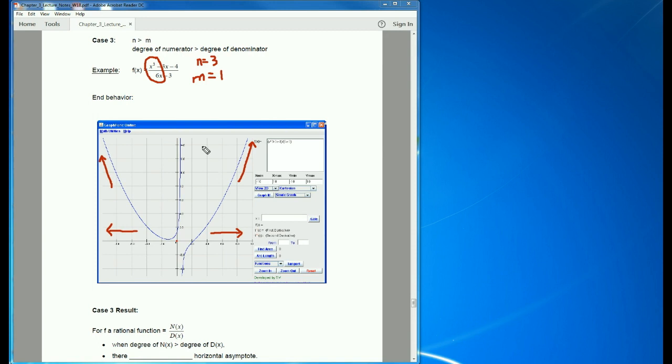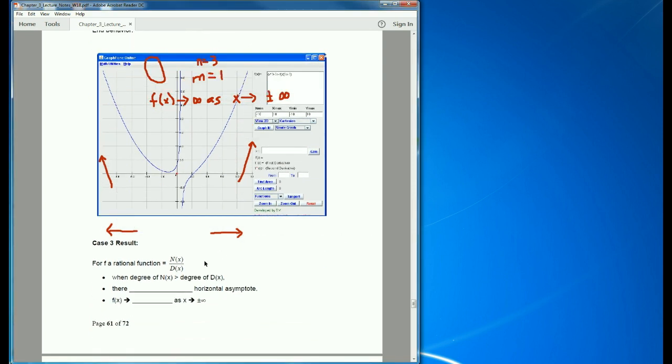So in this case, the end behavior is that f of x is approaching infinity as x approaches plus or minus infinity. So in this case, there is no horizontal asymptote.